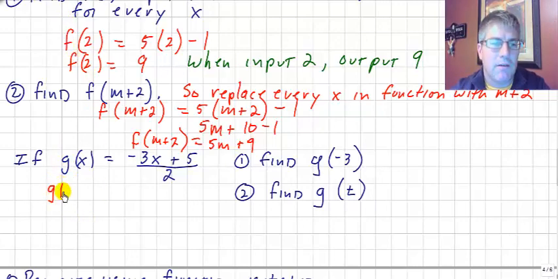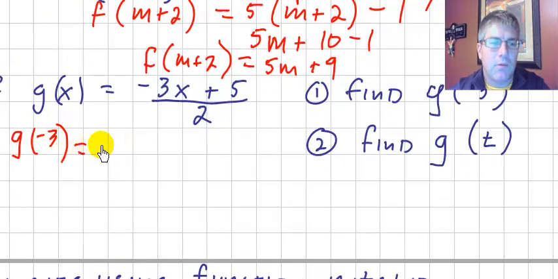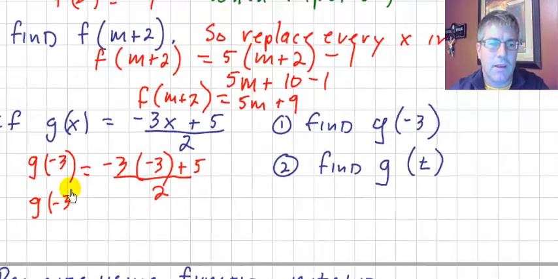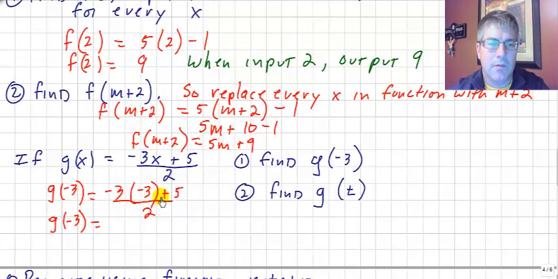So g of negative 3 equals negative 3 times negative 3 plus 5, all over 2. G of negative 3 equals 9 plus 5 is 14 over 2 equals 7. So that means I have the ordered pair negative 3, 7. When I input negative 3, I output 7.